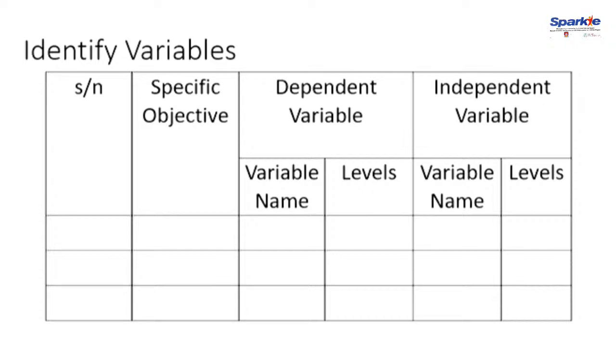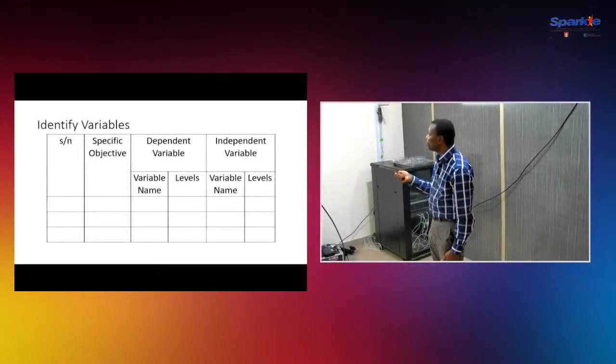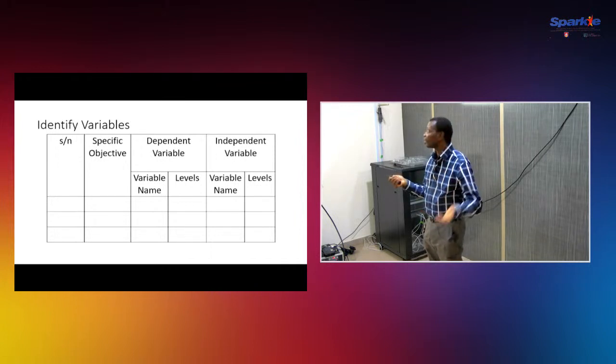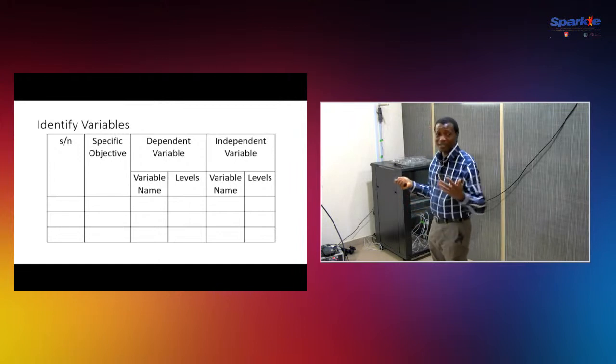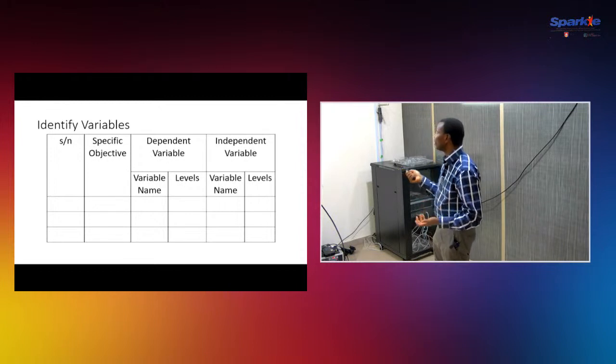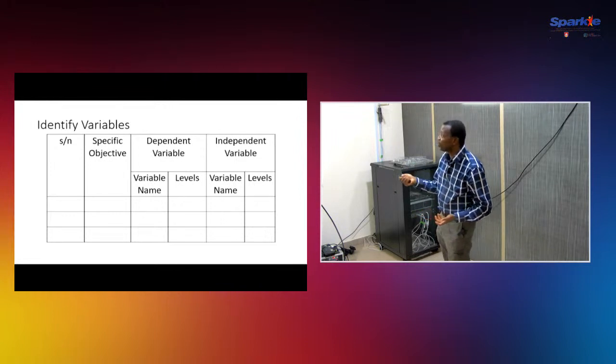In other words, put the variable name, put the levels, especially if it is categorical. Contraceptive use, any other categorical variable, wealth index, if it is a dependent variable. Then the independent variable, the variable name, the levels, and you are done with specific objective number 1.